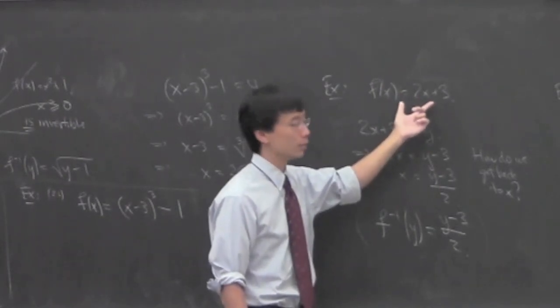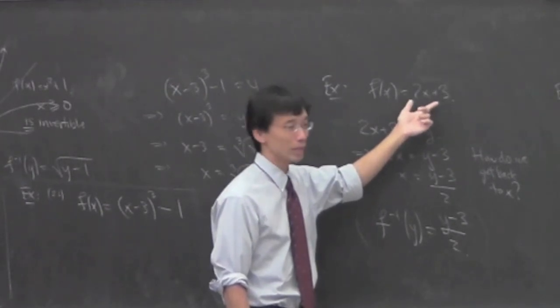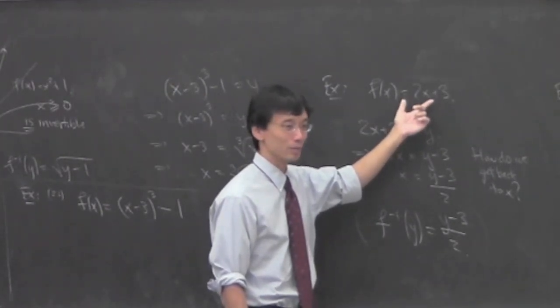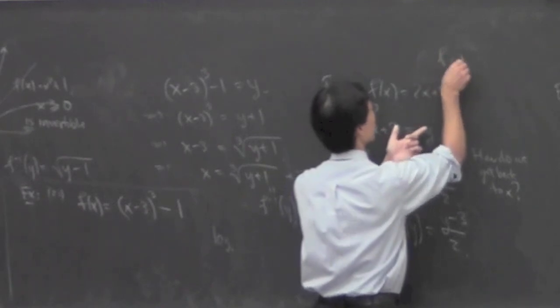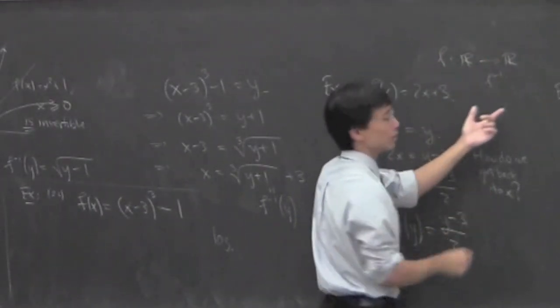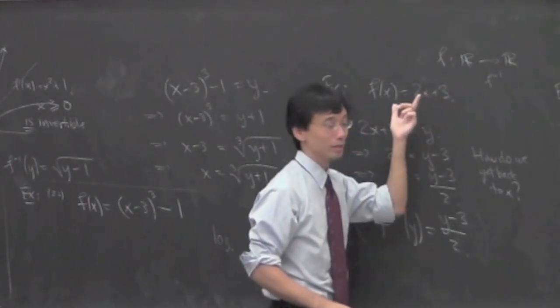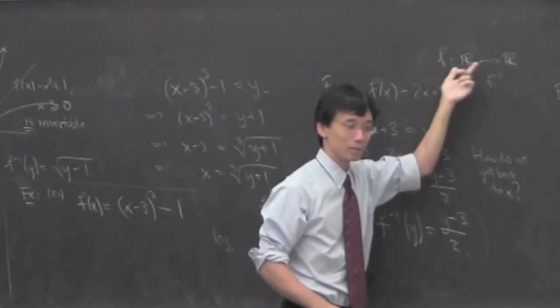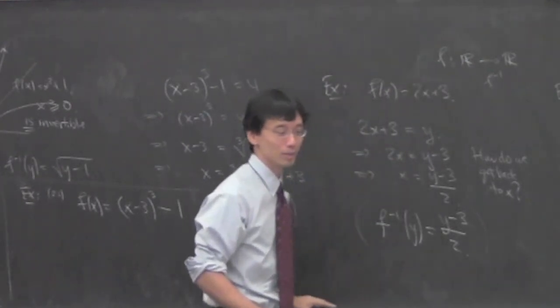What's the domain of this function? All the numbers. And what's the range of this function? Again, all the numbers. So you know that this line actually goes from here to here. Well, the inverse function is going to do the opposite. It's going to go from the range back to the domain. So it's actually not too bad.